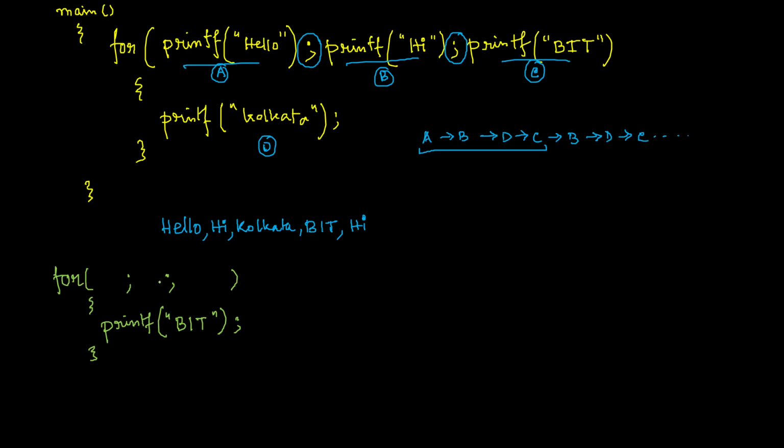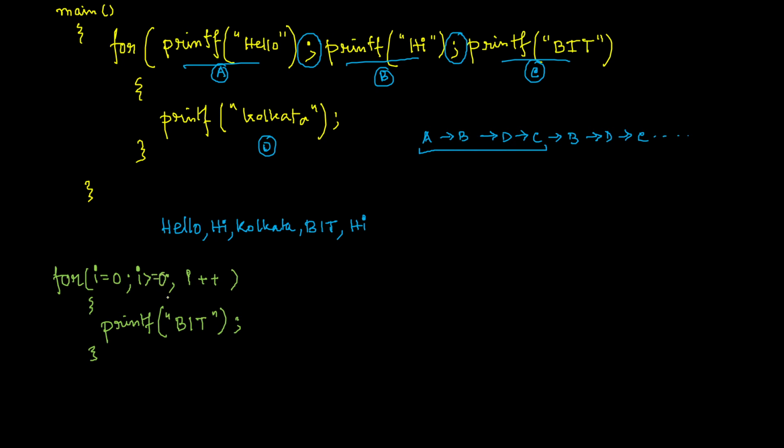Now how can you do this? Actually you can have various ways. For example, let's take a situation where you have written i equal to 0 and you have done i plus plus, and here you are checking whether i is greater than or equal to 0 or not.